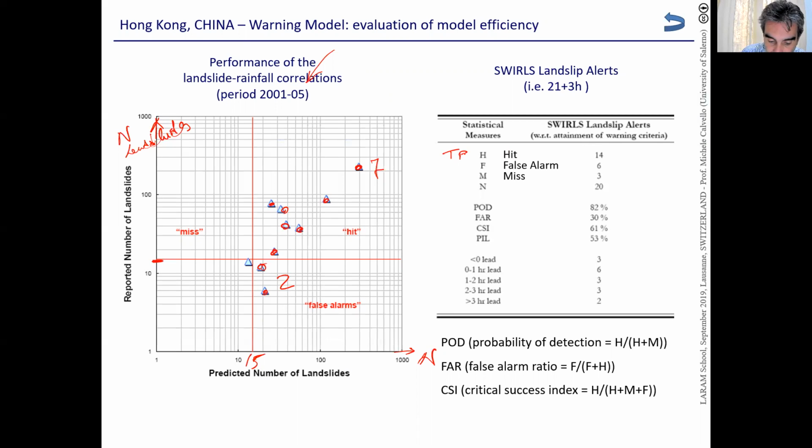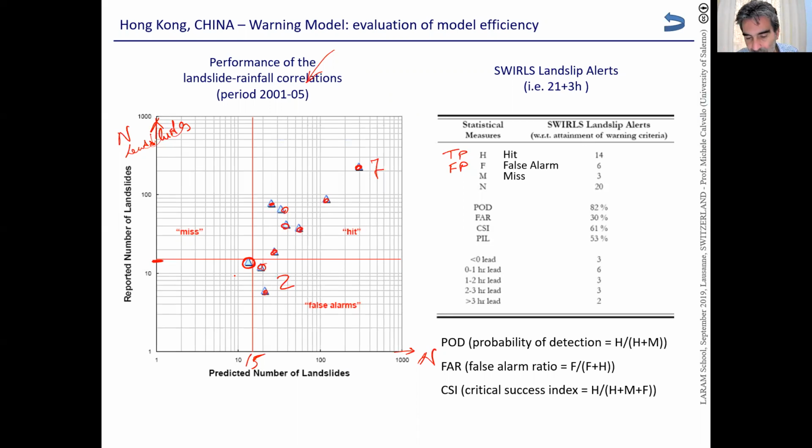A couple of times they issued the alert, but it was a false positive, a false alarm, because the number of landslides was less than 15. And one time at the border here, but this is a good true negative, because neither the predicted nor the real number of events was higher than 15.